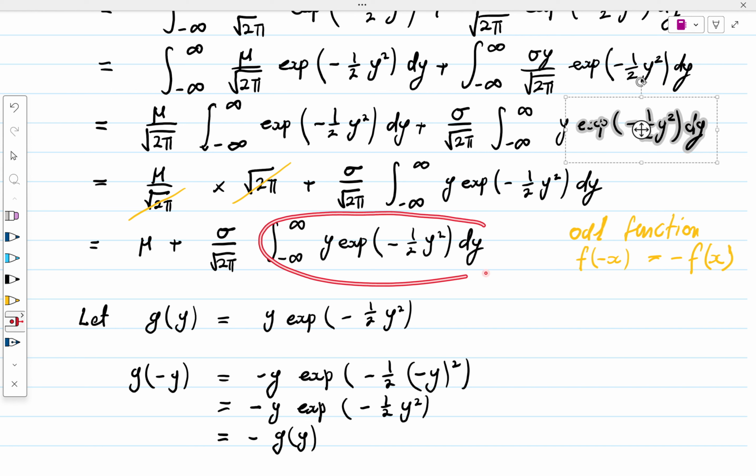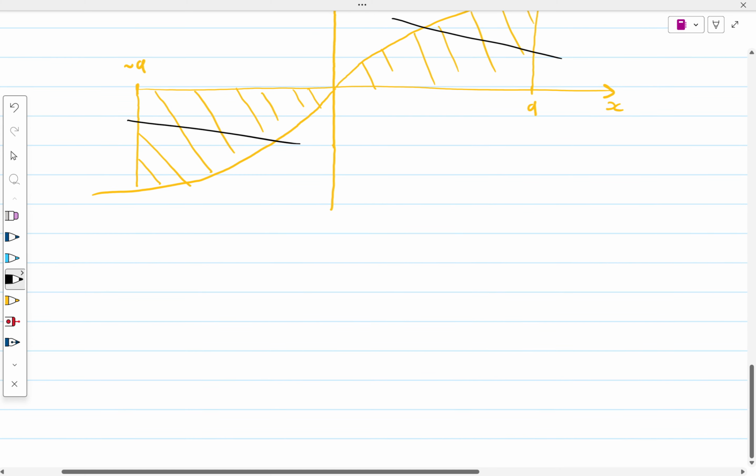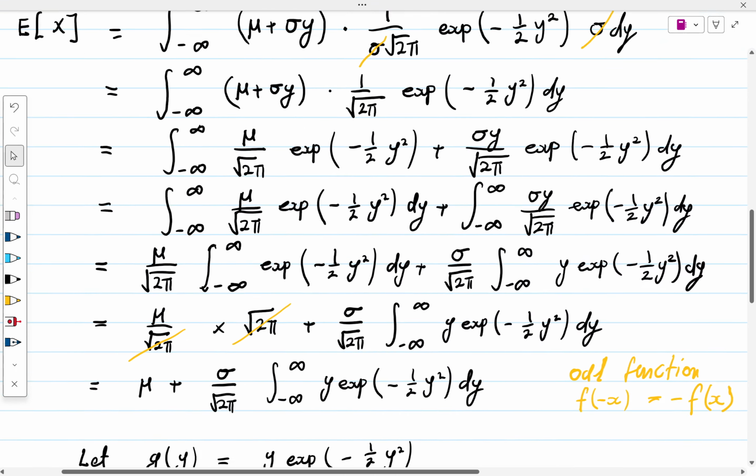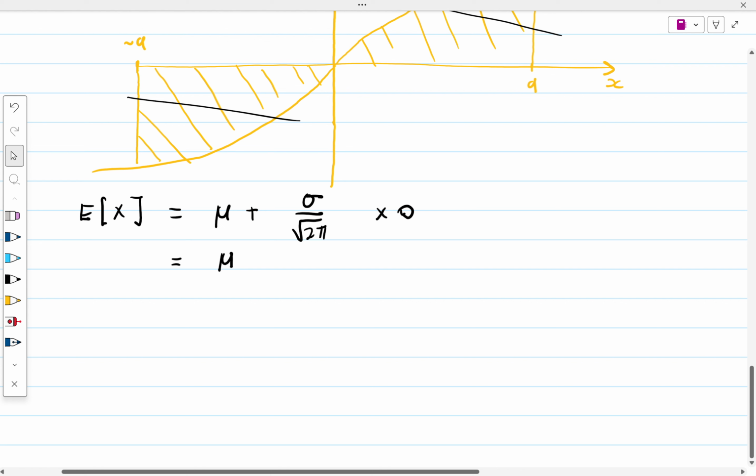This whole expression here must be 0. And therefore, our expectation of x is equal to mu plus sigma on square root 2 pi times simply 0, which is equal to mu. And so that is how we can calculate the expected value of x.